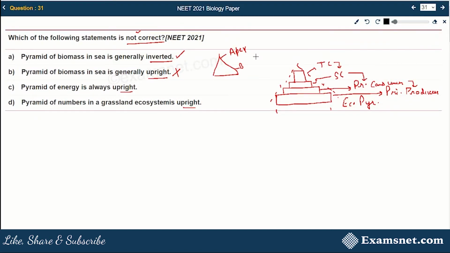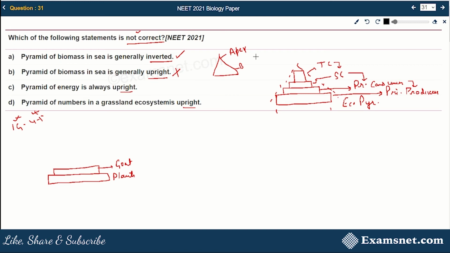Take an example. Suppose plants are the primary producers. Can one goat eat more than one plant? Yes, one goat can eat 4 to 5 plants. That means the number of goats is smaller than the number of plants. So the trophic level representing the goat will be smaller in width than the plants.